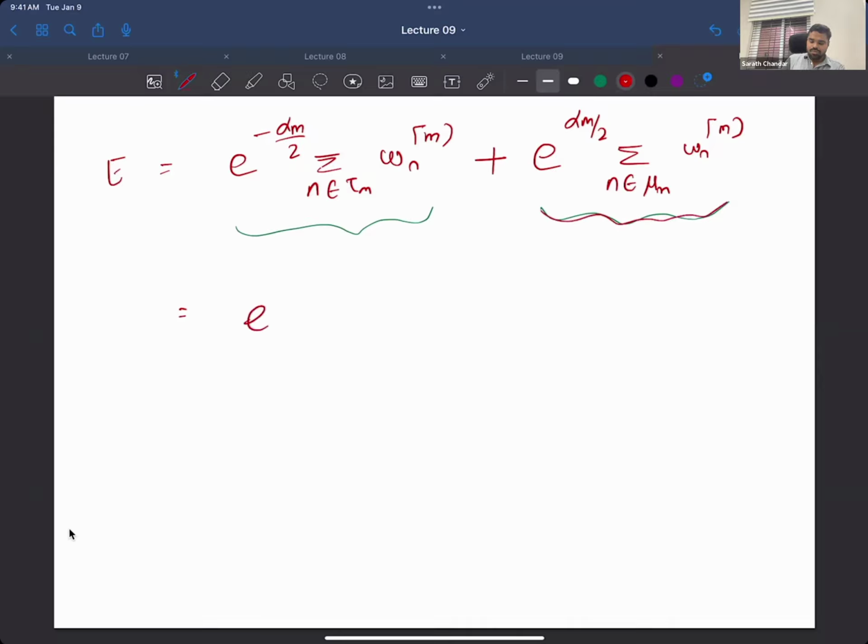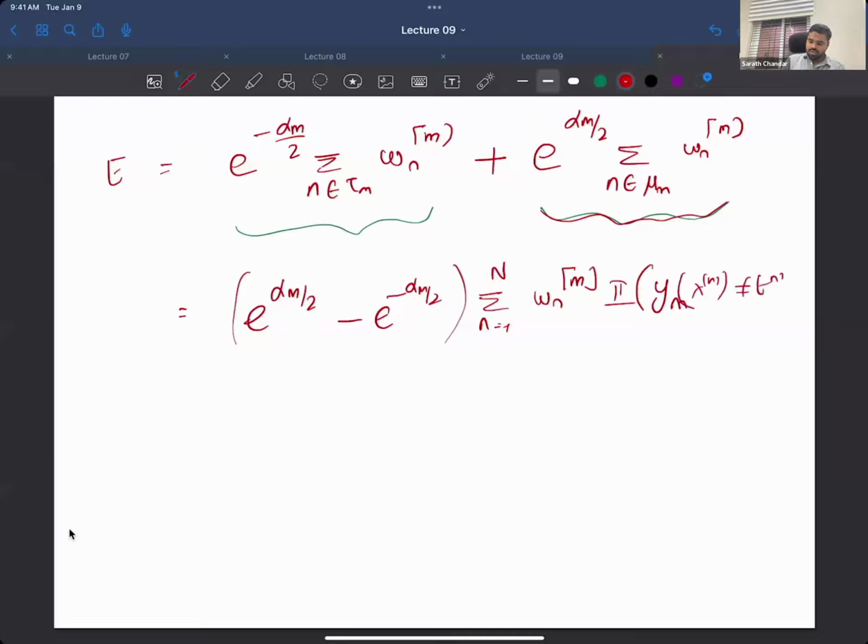So we have e power alpha m by 2, and I'm going to subtract e power minus alpha m by 2 summation n equal to 1 to capital N wn m, the indicator function ym of xn not equal to tn, plus e power minus alpha m by 2 summation n equal to 1 to capital N wn m.